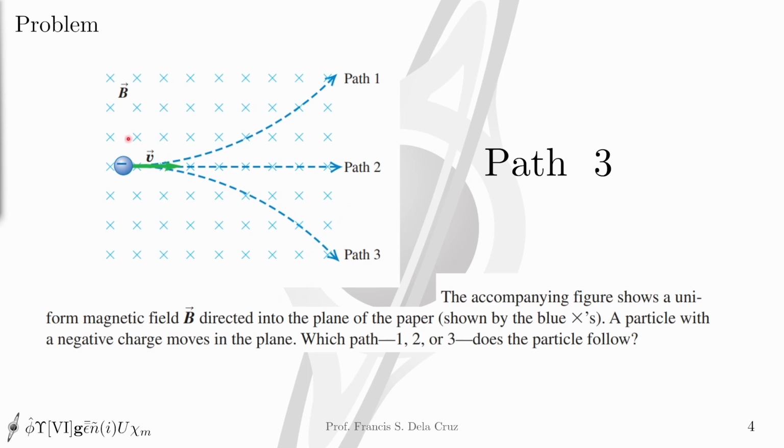So path 2 is only possible if the velocity vector V is parallel to B, or if the magnitude of the magnetic field B is 0. Of course, you cannot take the velocity of the electron to be 0 because it will not follow this path. So there are two ways for you to follow path number 2.